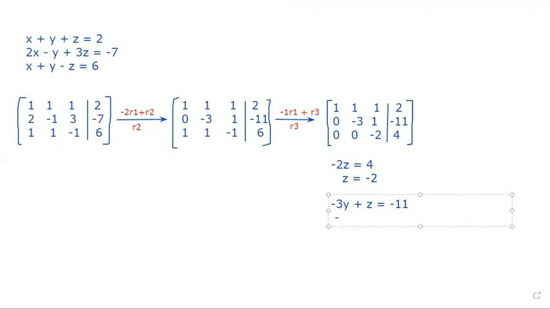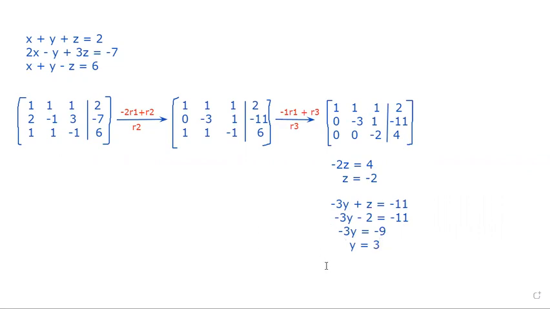Okay, I have -3y minus 2 is equal to -11. -3y, add 2 to both sides, that's going to give us -9. -3y divided by -9, y is equal to 3.